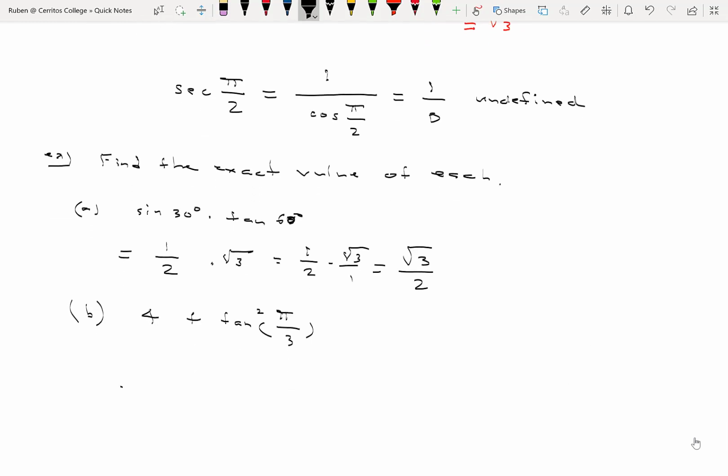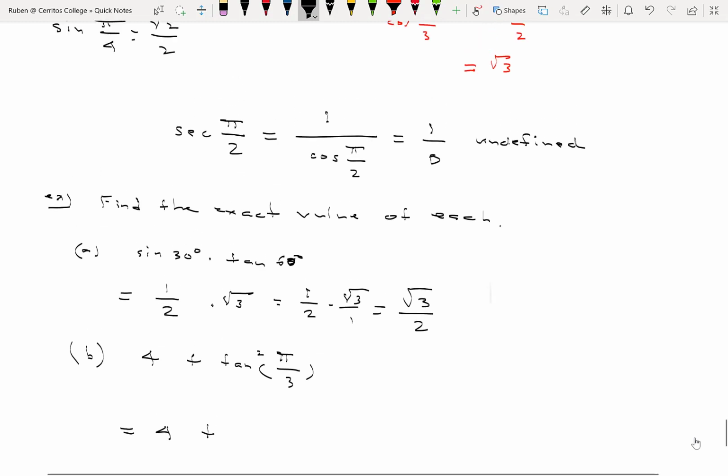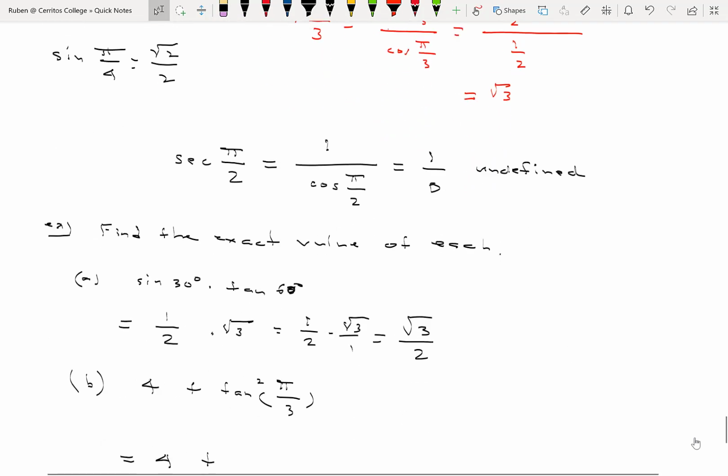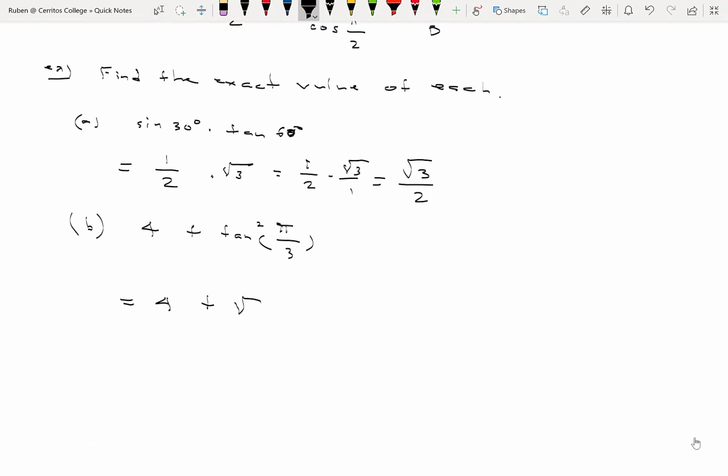Well, this is 4 plus the tangent of pi over 3 again. It's radical 3, so 4 plus radical 3 squared, which is 4 plus 3, which is 7.